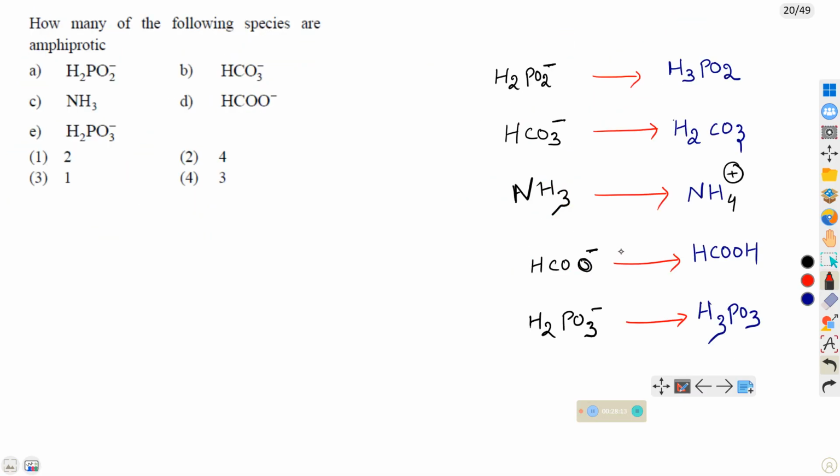How many of the following species are amphiprotic? Amphiprotic means able to donate H plus ions and accept H plus ions.